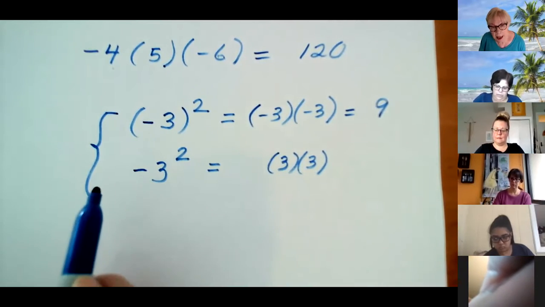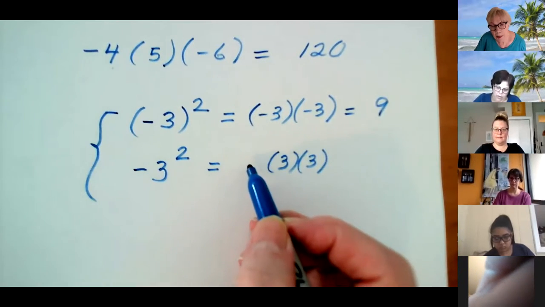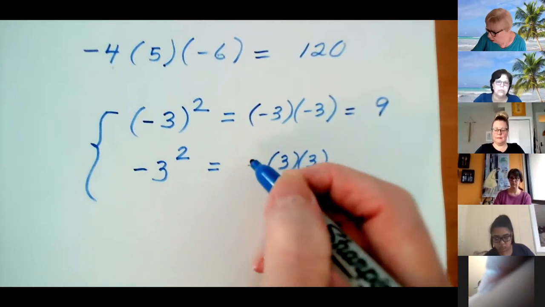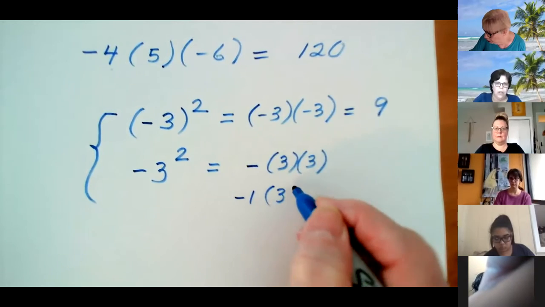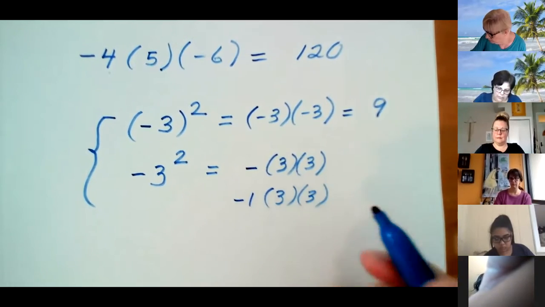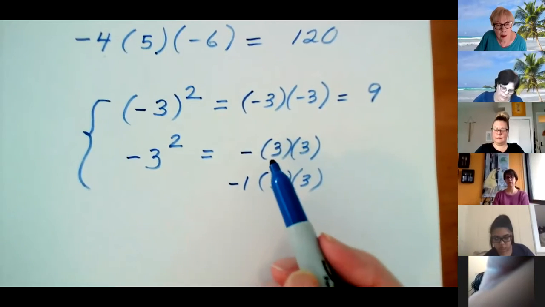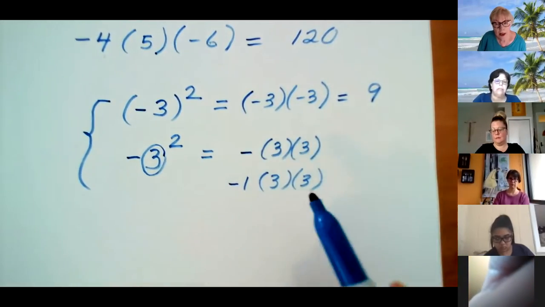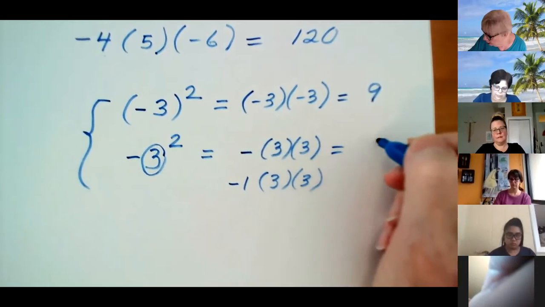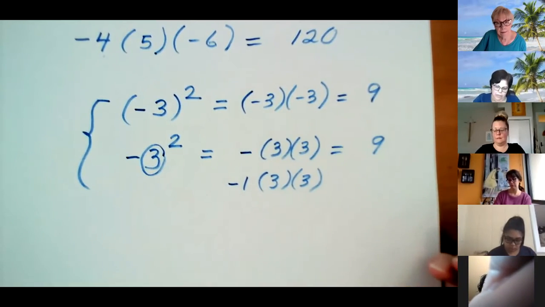Now, what about the negative? Well, either you put the negative out front, or in some cases, you actually imagine it to be -1. Either way, only the 3 is being squared. So 3 times 3 is clearly 9.